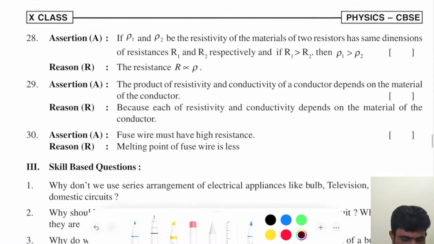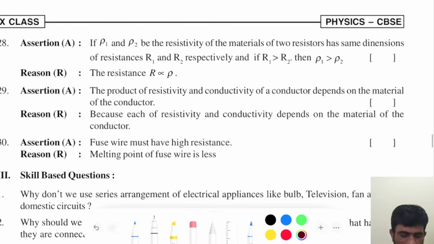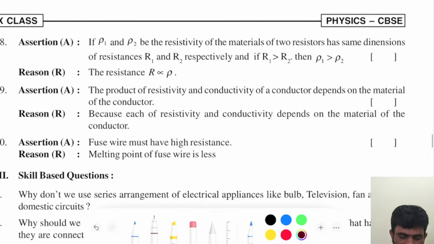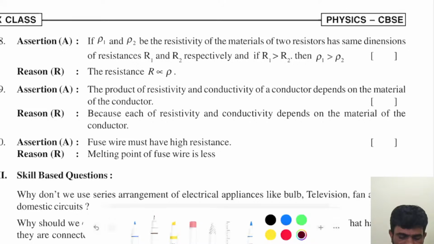Question number 28: if rho 1 and rho 2 are the resistivities of the materials of two resistors having the same dimensions and resistances R1 and R2 respectively, if R1 is greater than R2, then rho 1 is greater than rho 2.